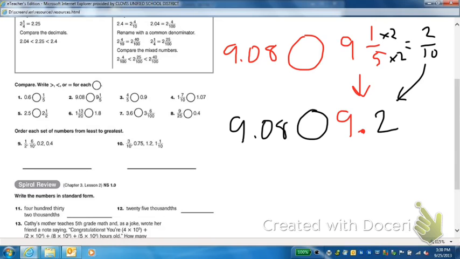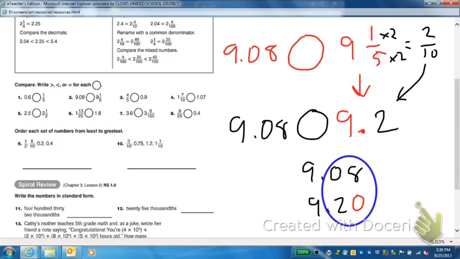So if we line them up, we have 9.08 and 9.2, and we add a 0, so each one has a digit to compare. And 2 is bigger than 0. But overall, 20 is bigger than 8. So 9 1/5 is greater than 9.08 or 9 8 hundredths. Again, this was number 2.